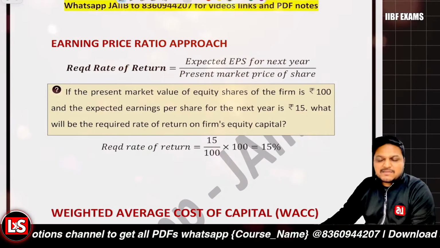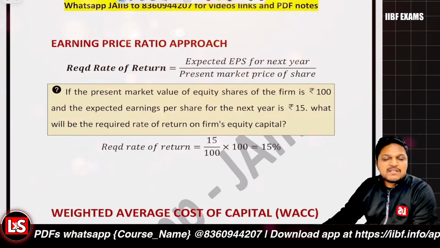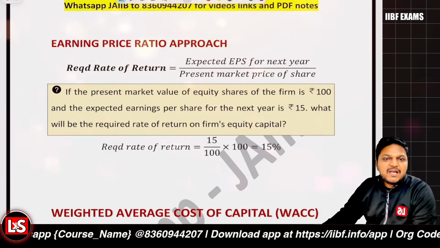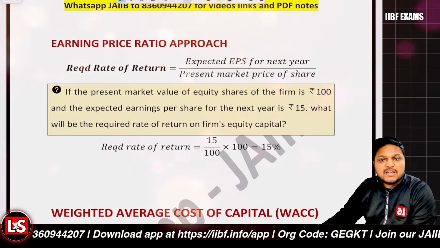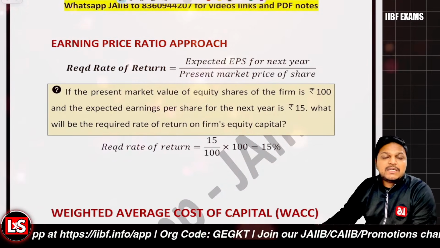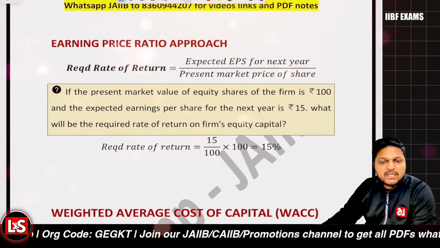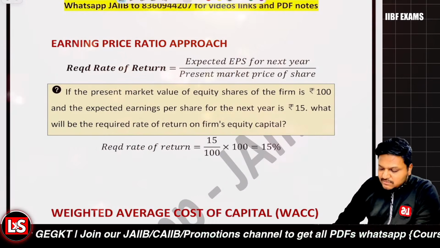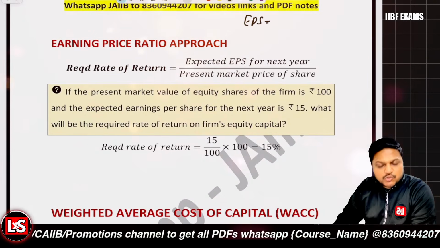Now, what is EPS? I've already given you an idea related to EPS. It is earnings per share, representing the portion of the company's net profit attributable to each equity share. So we can say simply it is the net profit after tax. It may be the case that the EPS is not directly given in the question.